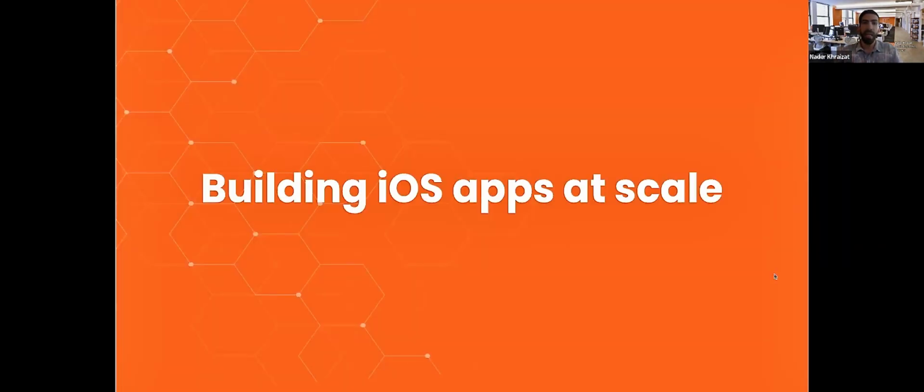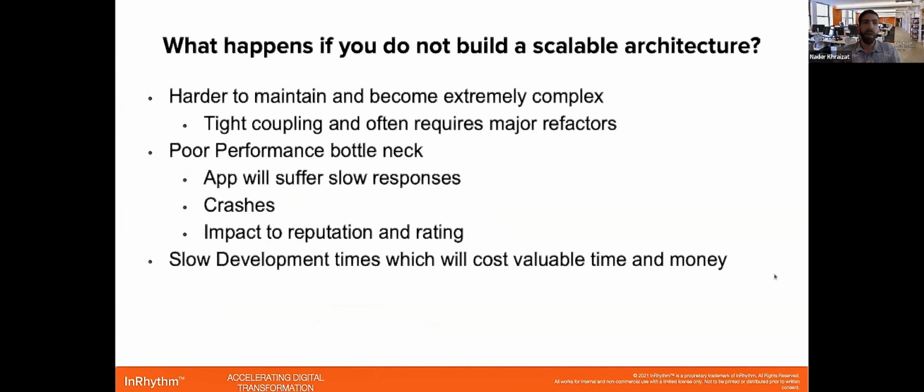And to start off, what happens if we don't build a scalable architecture? Well, the first thing is it's going to be so hard to maintain, and the code's going to be extremely complex. We're going to have a lot of tight coupling, and often every time we want to make a change or redesign, all those are going to be major refactors.